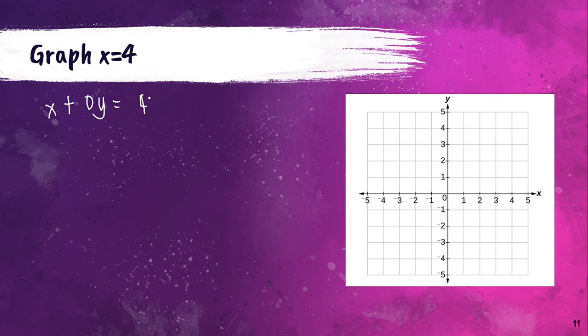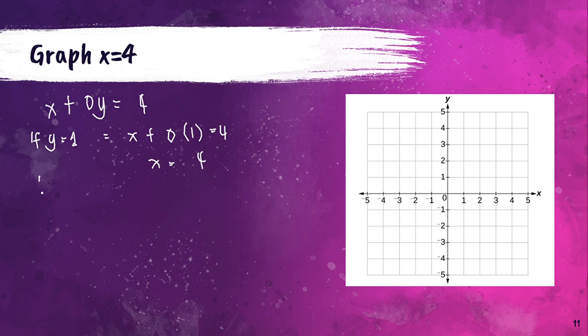Thus, for any value of y, x is always equal to 4. So let's try. If y is equal to 1, we have x plus 0 times 1 is equal to 4. 0 times 1 is 0, so x is equal to 4.